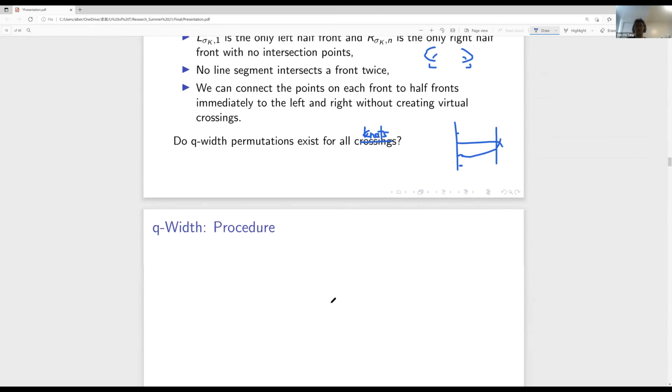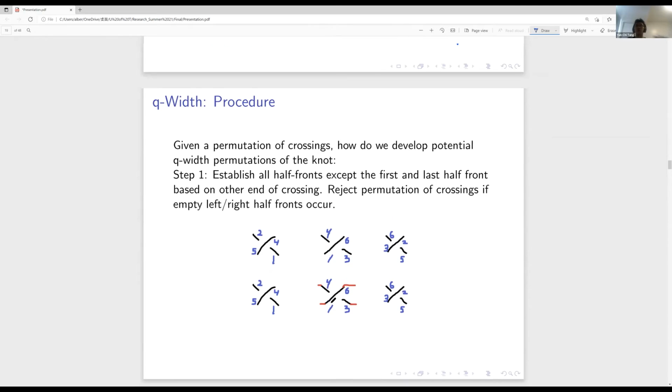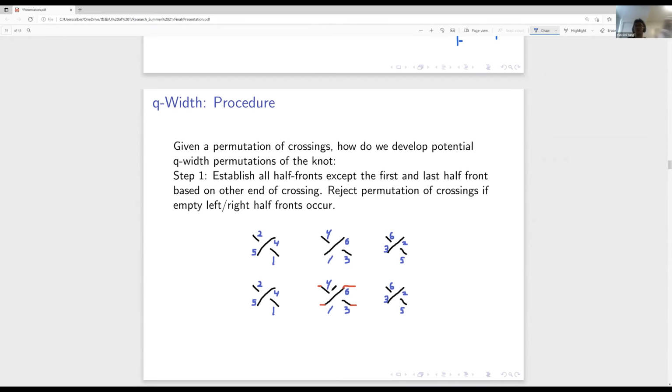Because we want the line segments to go straight to the left or straight to the right based on what the other end of the line segment is connected to, we can look at, for example, the second crossing and say, if the line segment connects to a crossing to the left of the segment in question, we extend it to the left half run, and the opposite way, we extend it to a right half run.